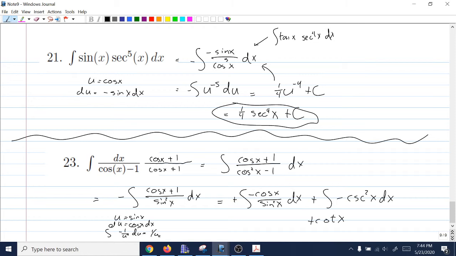That's 1 over u. Yeah, derivative of u to the negative 1 is negative 1 over u squared. So the integral will be 1 over sine. It'll be cosecant. That's a suspiciously simple answer. Derivative of cosecant plus cotangent is 1 over cosine minus 1. Weird.